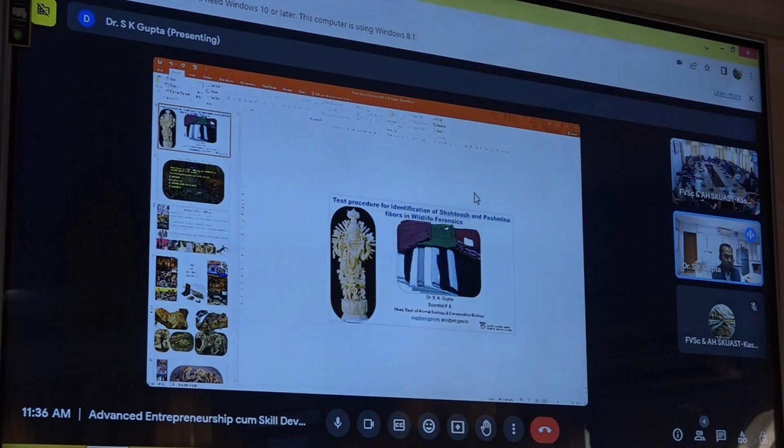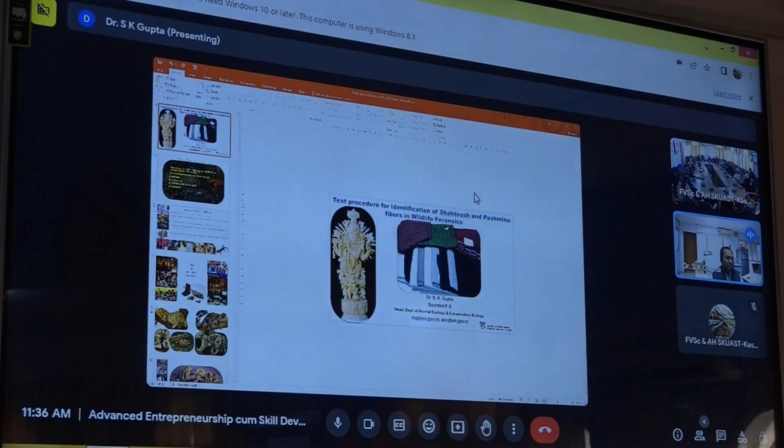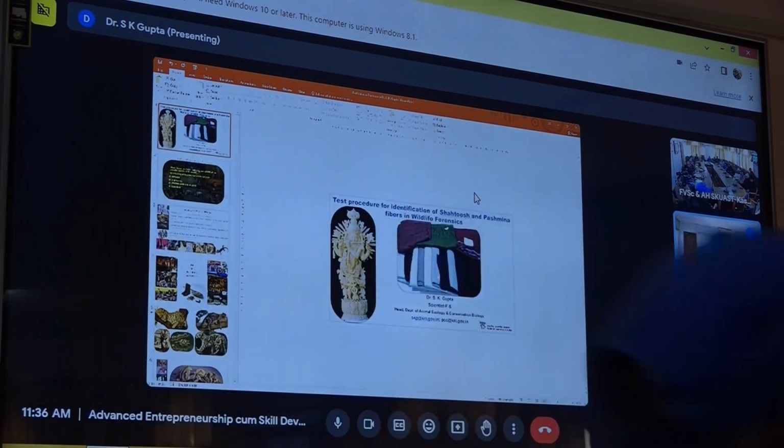From 2002 to 2006 I was working in this MSME LaCONES project, examining cases using DNA and molecular testing only. I joined Wildlife Institute of India in 2008 as a scientist in wildlife forensics, and from 2008 onward I am associated with WII and part of the institute.